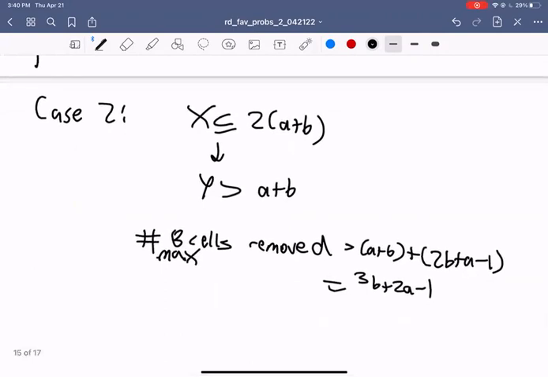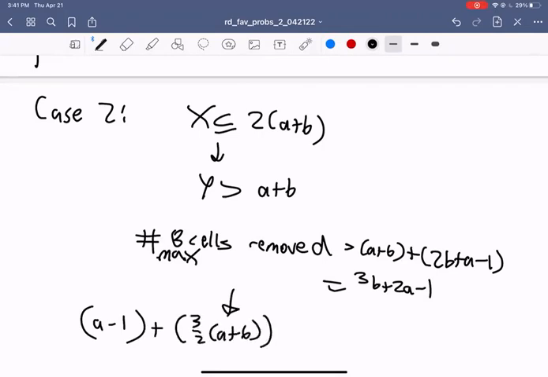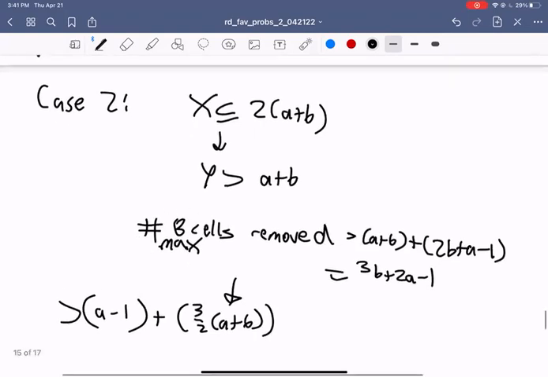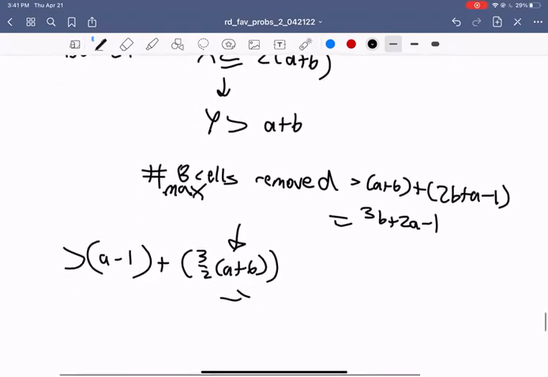For the amber cells, we can remove up to a minus 1 plus 3/2 a plus b because this is the minimum on x by assumption. It's actually greater than this. So that means that it is greater than 5/2 a plus 3/2 b minus 1.